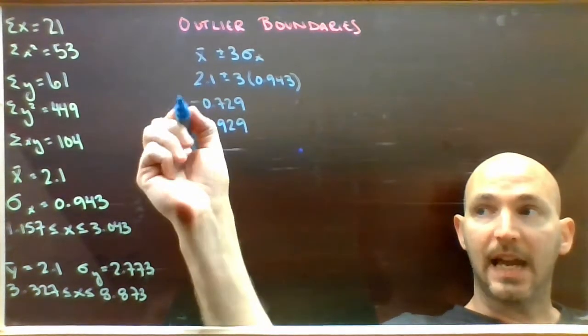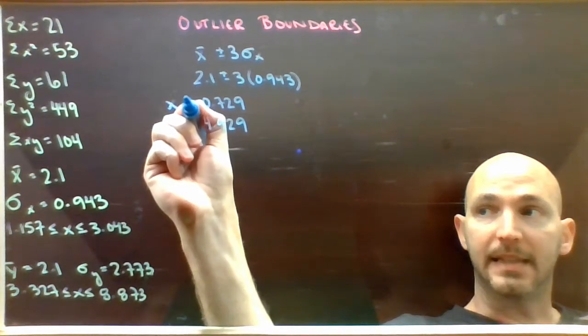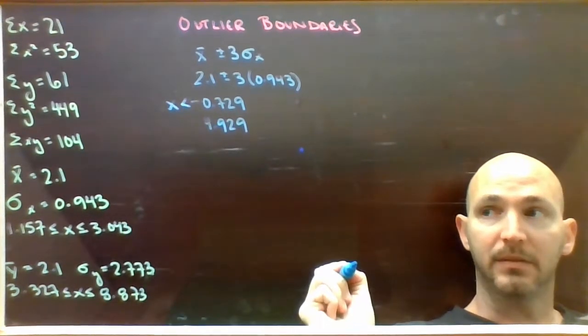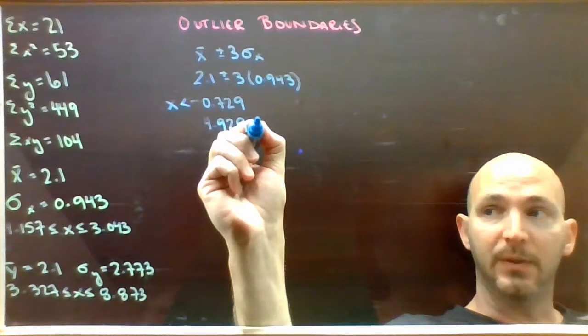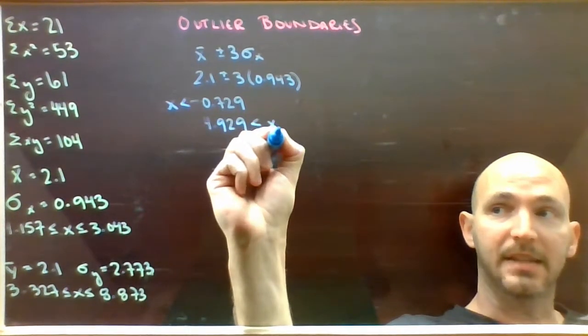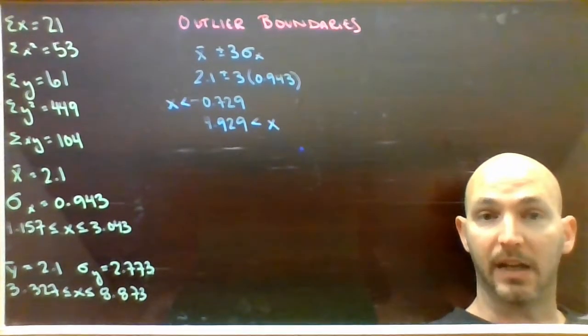So if I have any x value that is less than that number, or any x value that is greater than this number, I have discovered an outlier.